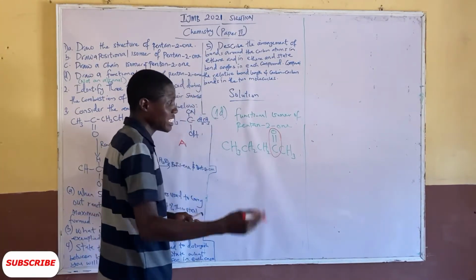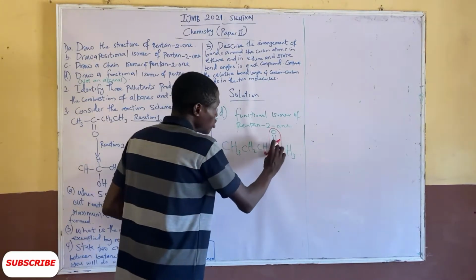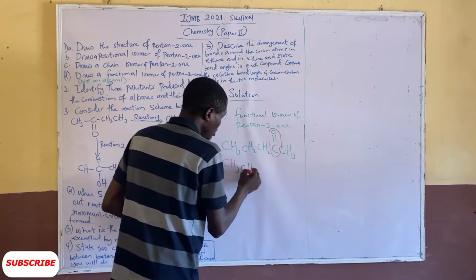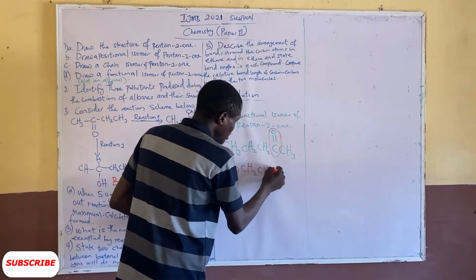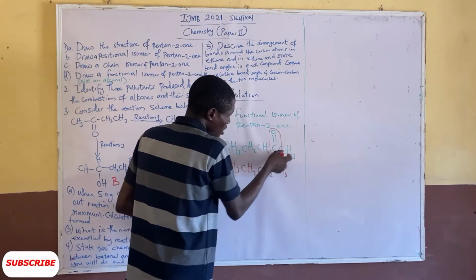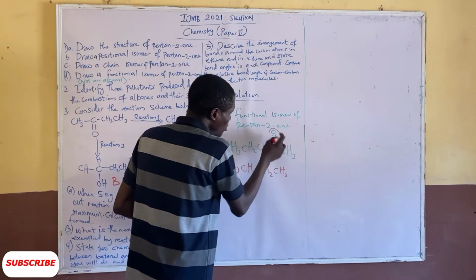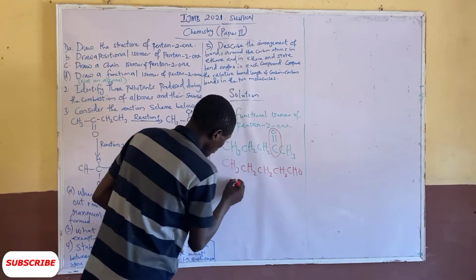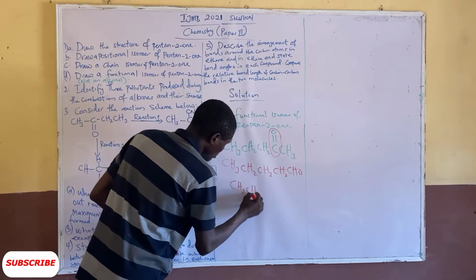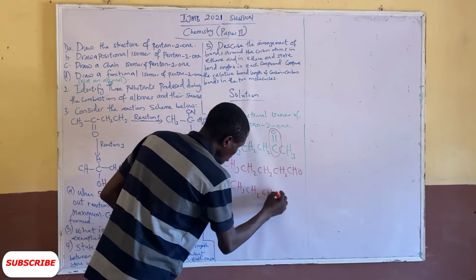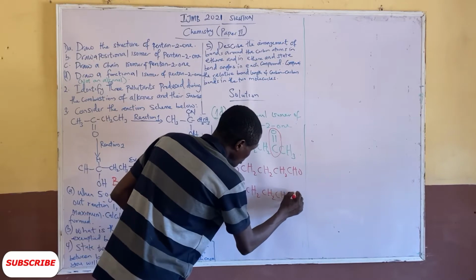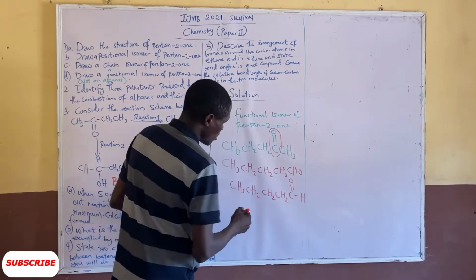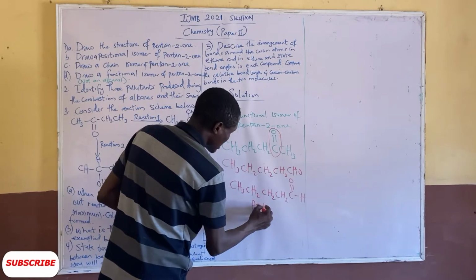Assuming it is alkanal, it is easily drawn, because we just have to change the position of this: CH3, CH2, CH2, CH2, then one hydrogen remains and you put it in front, so you have CH3, CH2, CH2, CH2, C double bond O, then H. This is pentanal.